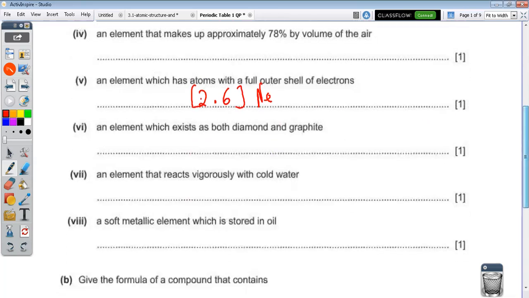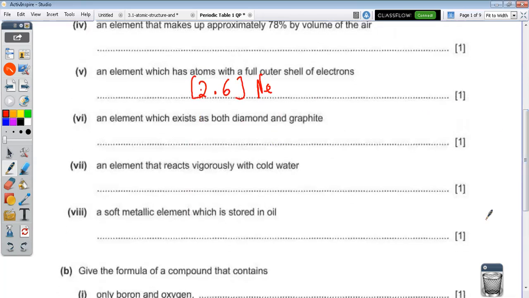Now, an element which exists as both graphite and diamond, from your covalent bonding. Graphite and diamond, what is that? Carbon. Carbon has got two forms, graphite and diamond. We'll talk about it when we revisit the topic.